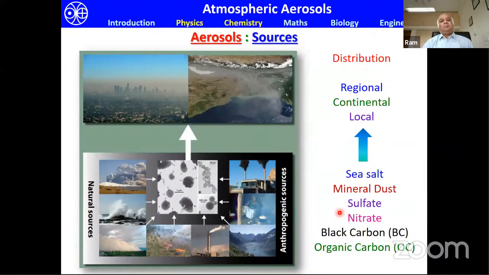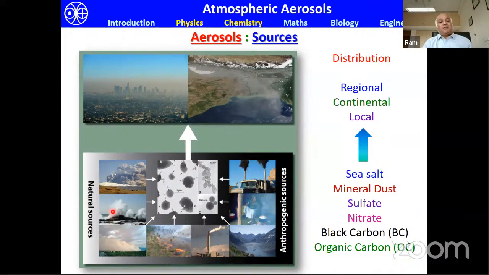So these aerosols, which are produced from different sources and can be categorized as sea salt, mineral dust, sulfate, nitrate, black carbon, and organic carbon, produce a hazy atmosphere, which is a familiar picture across the Indo-Gangetic plain during the winter, and a lot of these aerosols get transported across, from both natural and anthropogenic sources.